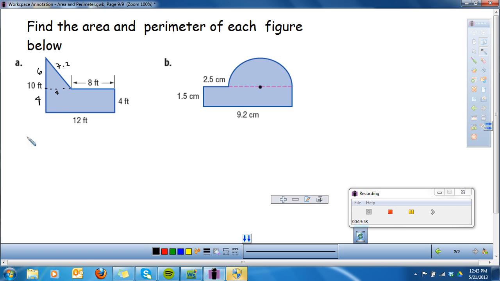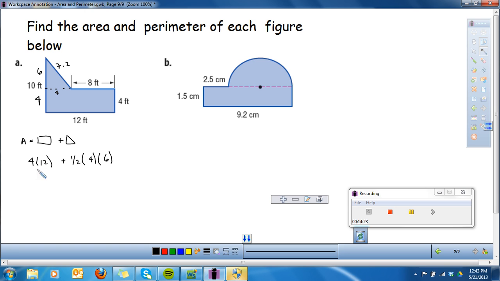6. So the area of this is going to be the rectangle plus the triangle. To find my rectangle, I'm going to do base times height, so 4 times 12. To find my triangle, I'm going to do 1/2 the base, which was 4, times the height, which was 6.